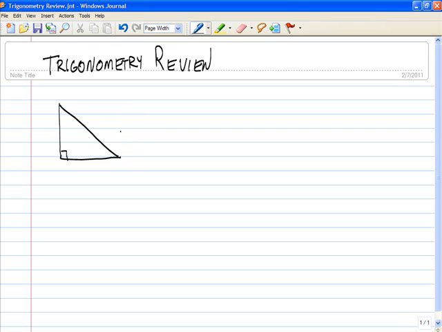So basically, if we want to call this the hypotenuse, and if we were looking at angle theta here, this would be the adjacent side, and this would be the opposite side. Let's just say the sine of theta equals the opposite over the hypotenuse.